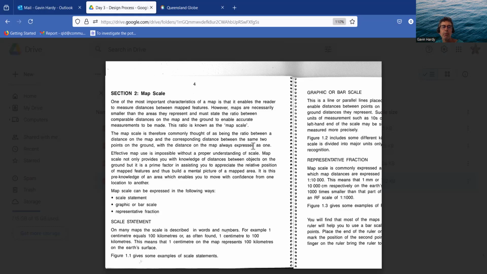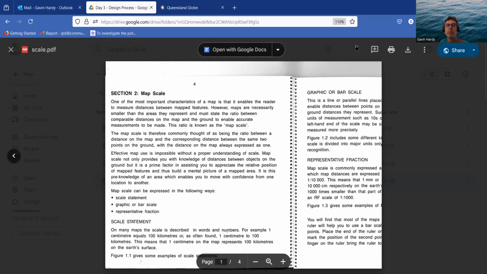However, maps are necessarily smaller than the areas they represent and must state the ratio between the comparable distances on the map and what's actually on the ground to enable accurate measurements to be made. And this ratio is known as the map scale. It's really important that you understand this when you're putting together your project. I've seen so many students get very confused about map scale. So just familiarize yourself with that.